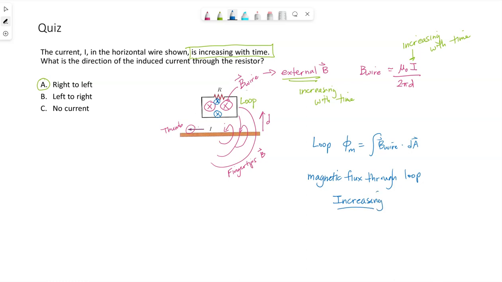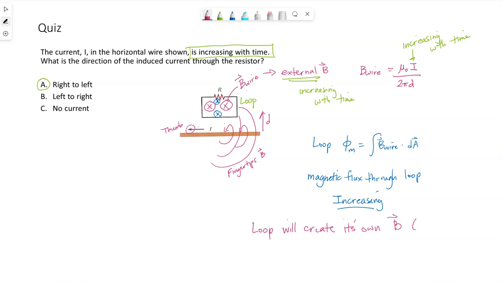Number one, it's changing. It has to be changing to have that induced current. To determine the direction of the induced current, I have to know how the flux is changing. So I know the flux is increasing. That means the loop will create its own magnetic field.